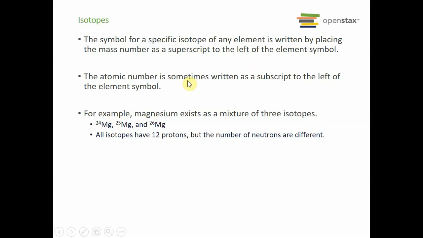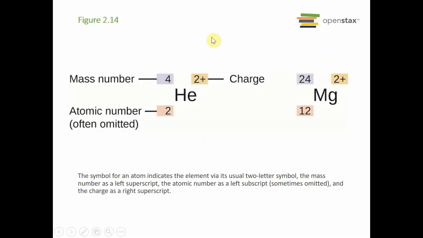And so we have the mass. Here's an isotope, and in this case it's an ion. So we have the atomic symbol He and the atomic number, and those will always be linked.